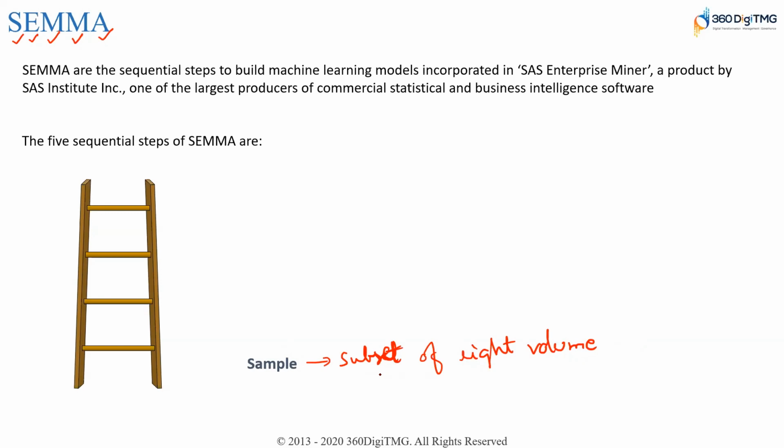It should be a good representation of your population. You also have to bear in mind the computation power that you have. How much is your server configuration? How much data can you take without impacting the performance? All these come into picture at this step.